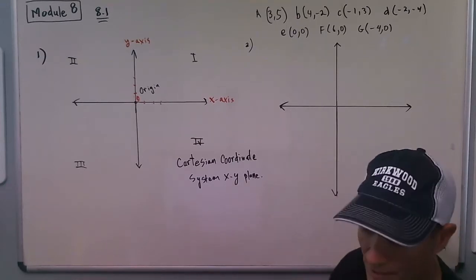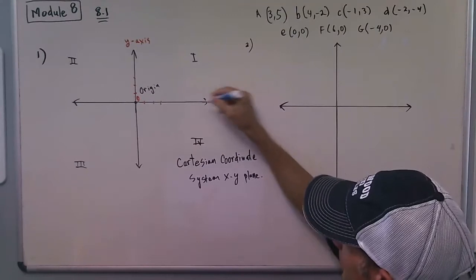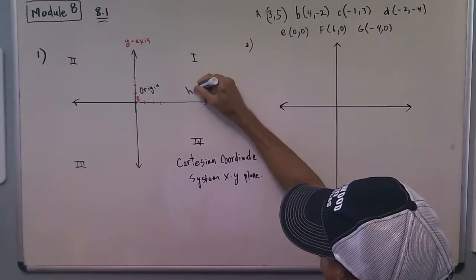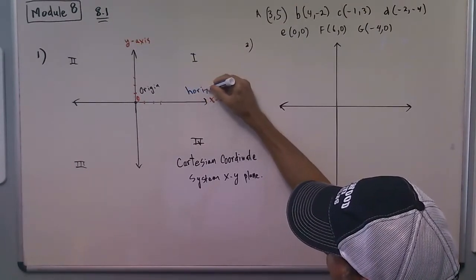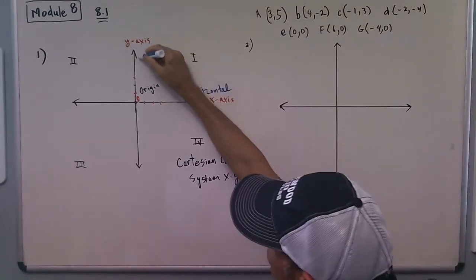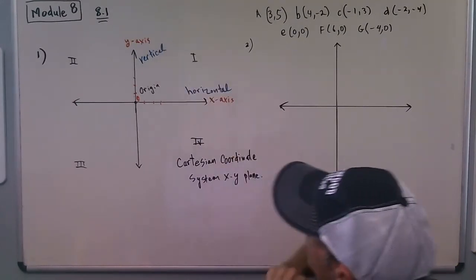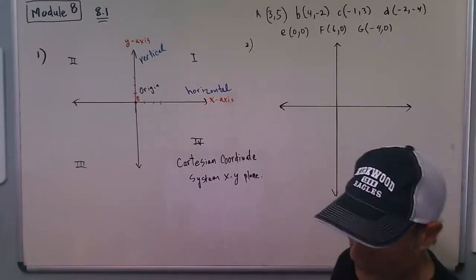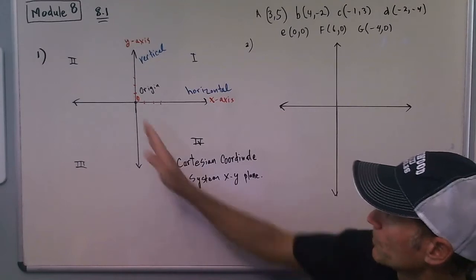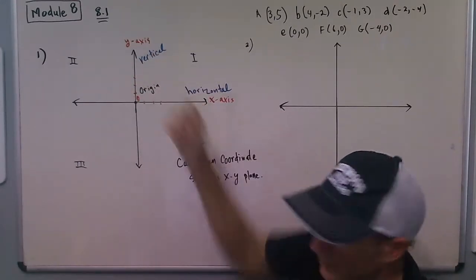Some other words we might want to remember for this chapter: the x-axis is horizontal, and the y-axis is vertical. All right, so that's the Cartesian coordinate system. Just remember we have number lines that are overlapping at a right angle here.